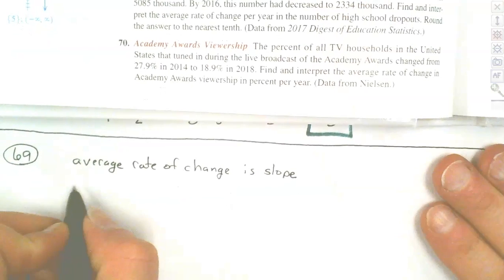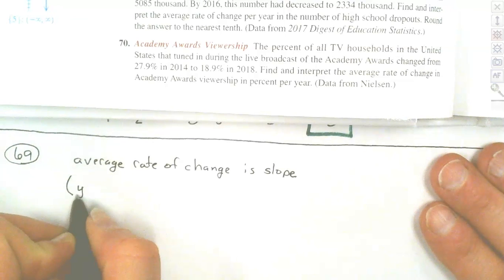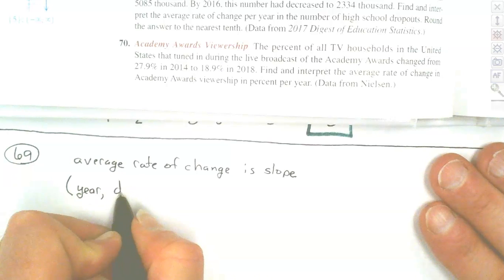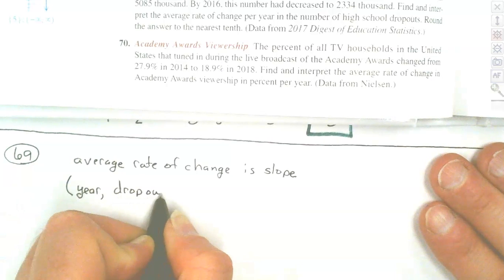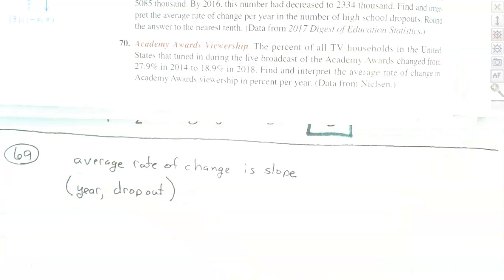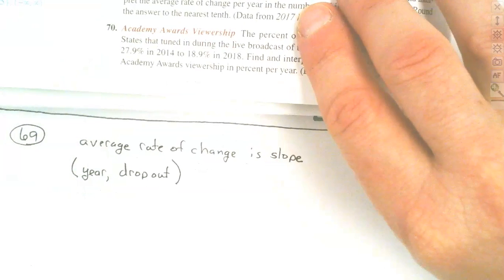We're going to label our ordered pairs as x and y. X is going to be the years. Y is the dropouts. Normally, time is on the x-axis, so time is always going to go first. And unless it specifically tells you a different way, anytime we work with time, time is an x value.